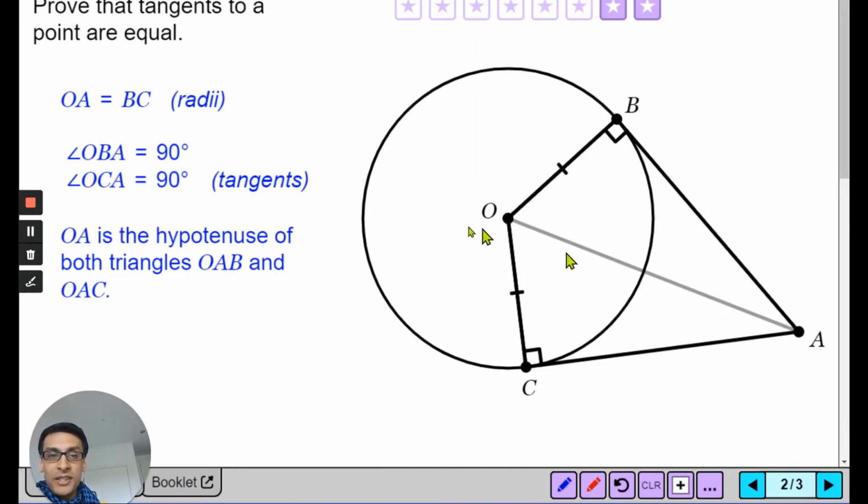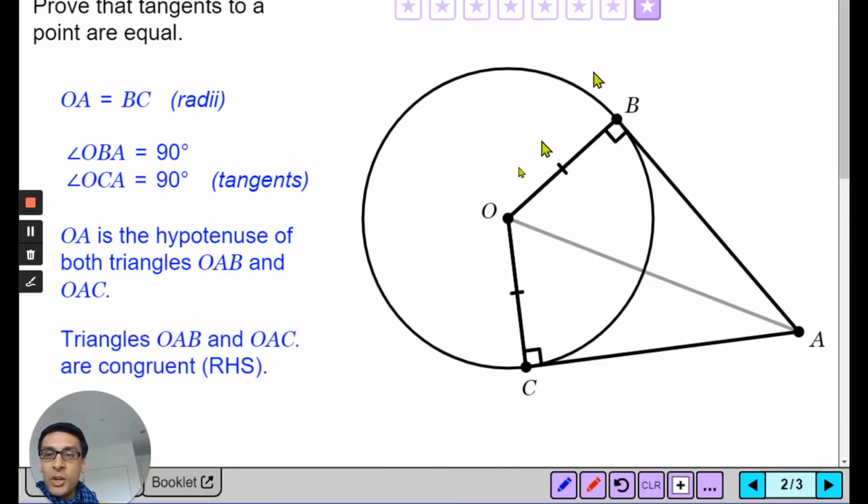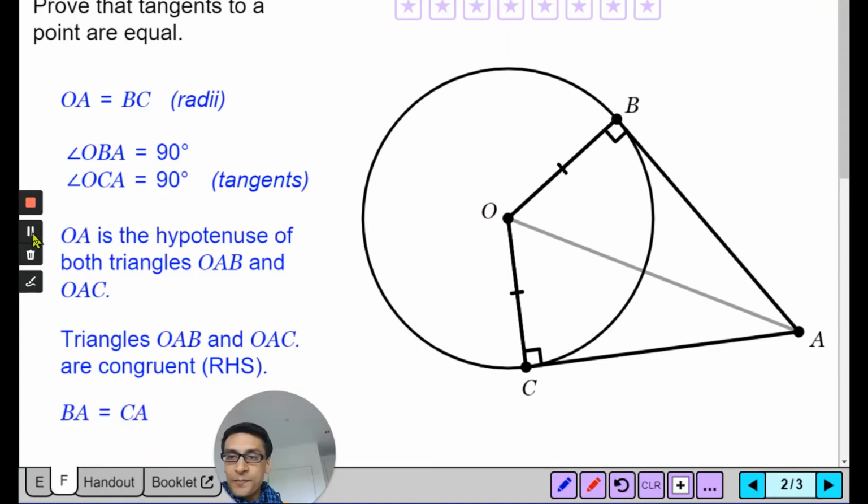They're a common side. So triangle OAB and OAC are right-angled triangles. So therefore, we can say that BA is equal to CA. And we can use Pythagoras to prove that if we need to.